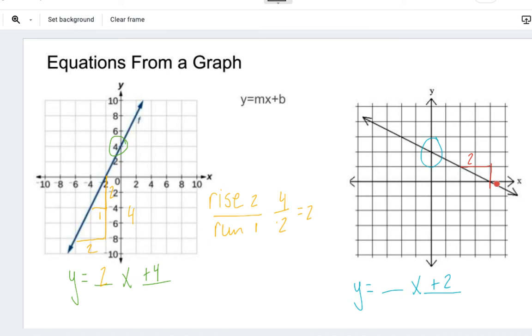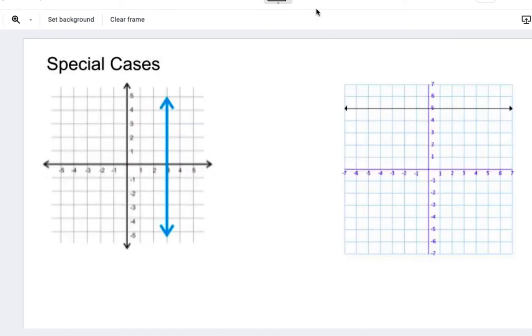We always run to the right, it just makes it easier. But the rise in this case is negative 1. It is going down. So negative 1 over 2 is just negative 1/2. That's what we're going to call it. So y equals negative 1/2 x plus 2.